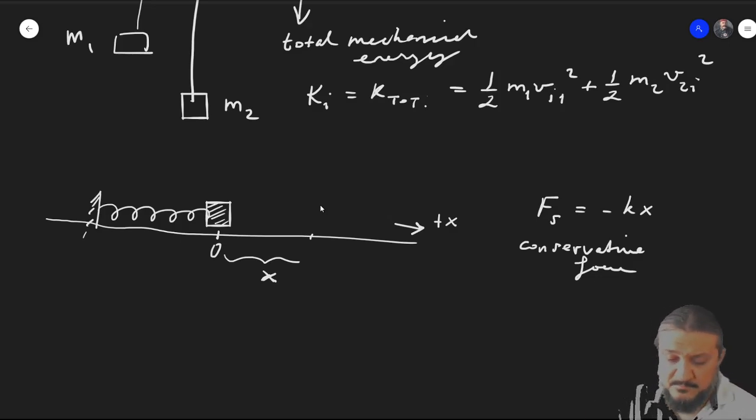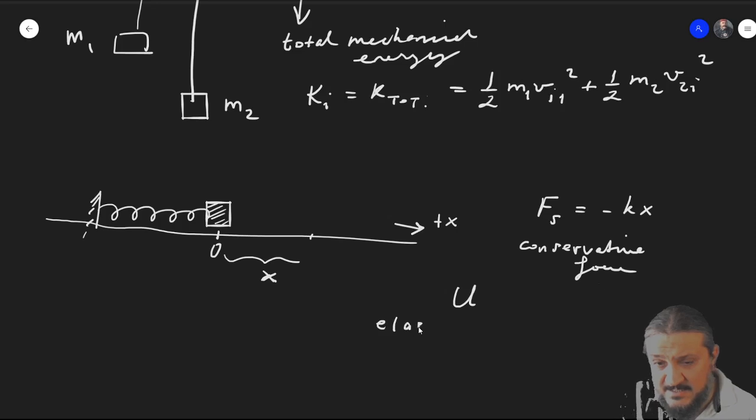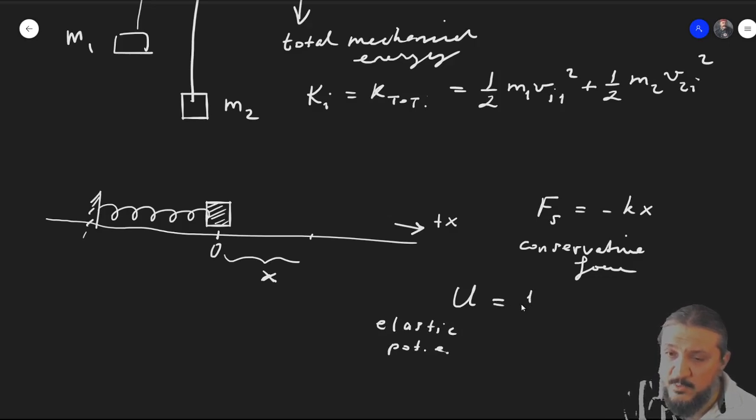Without proving, this is not a calculus-based course, so I'm not going to go into too much detail. Let me just give you the definition. The potential energy for a spring, which is called the elastic potential energy, is given by 1/2 kx squared.